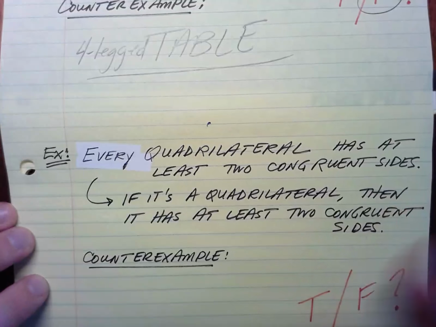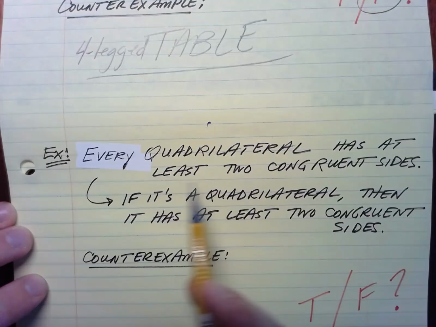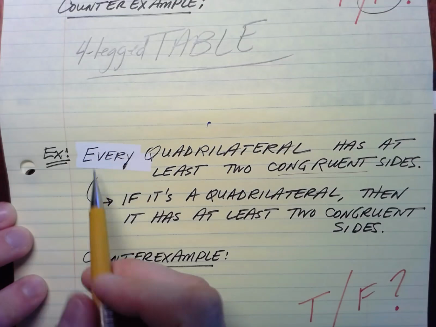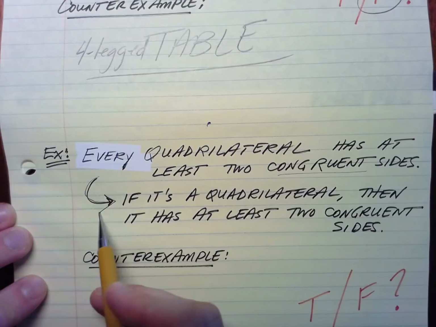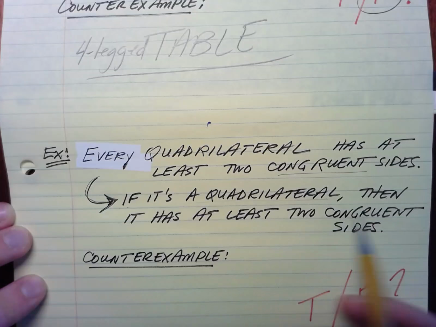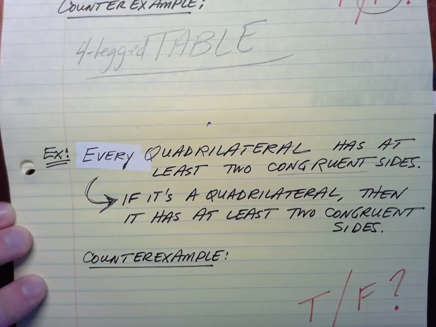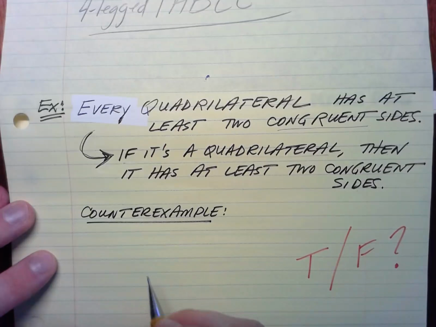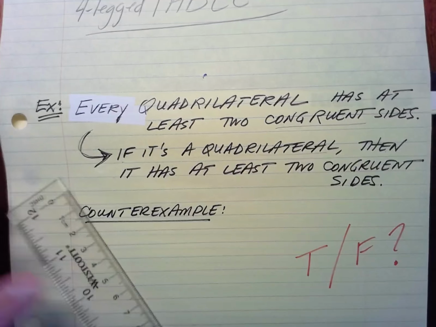Last one here. Every quadrilateral has at least 2 congruent sides, which I've rewritten here as an if-then conditional. If it's a quadrilateral, then it has at least 2 congruent sides. True or false? It has to have at least 2 sides that are the same. What if I drew a quadrilateral like this?